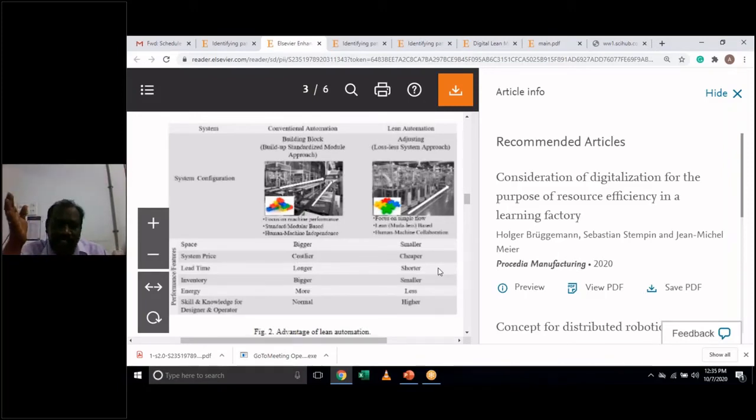So what happens is the investment cost that you are incurring, and respectively, what attention you are keeping. That will give an idea with lean manufacturing.